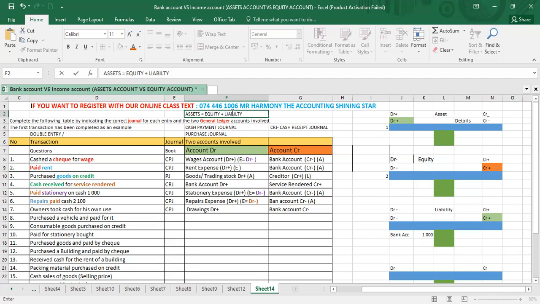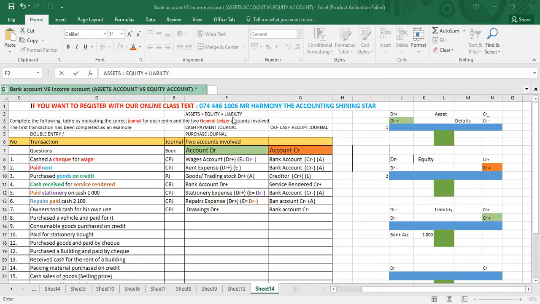Right, now, plus liability. What is a liability, student? Liability is the money that you, as the owner of the business, owe to other businesses, the debts of your own business. For instance, if you have borrowed money from the loan shark, from a Mashonisa, the unscrupulous lenders, or from the bank, Capitec, ABSA, anywhere, even from your friend, it means that you have incurred a liability.